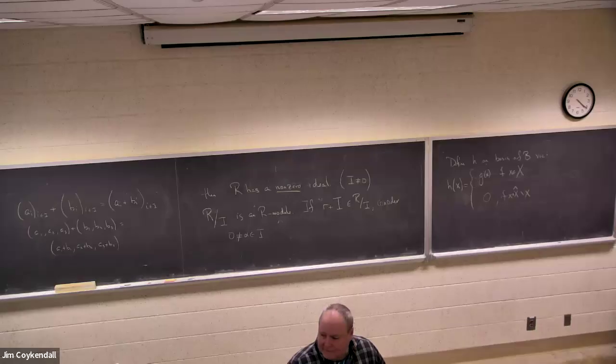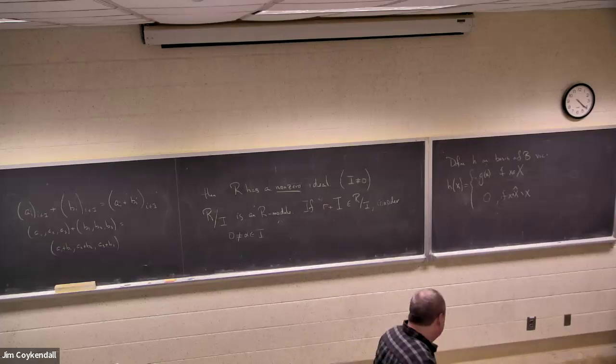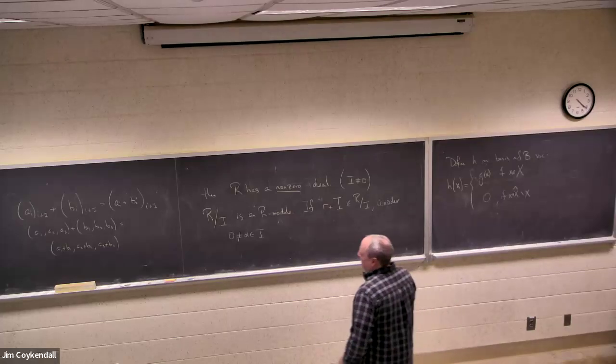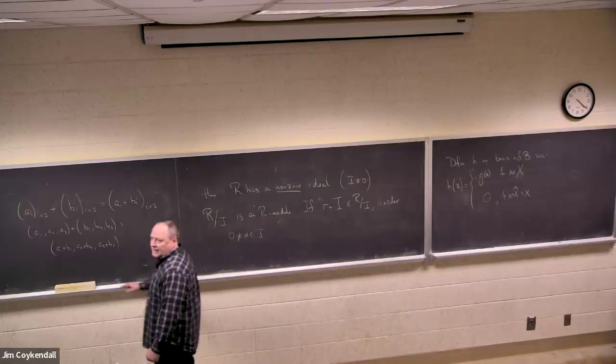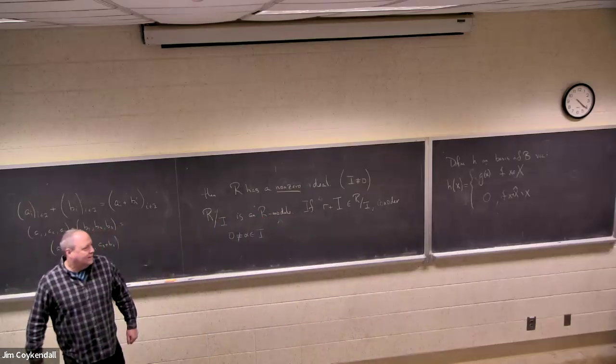For the snake lemma, I know what the cokernel is, but how does the kernel of G3 map to the cokernel of G? How does that map?